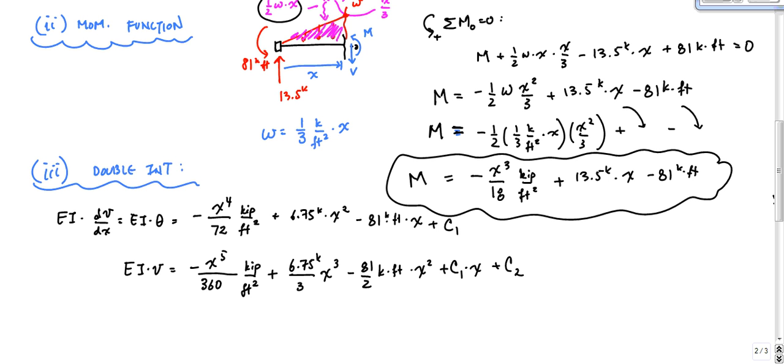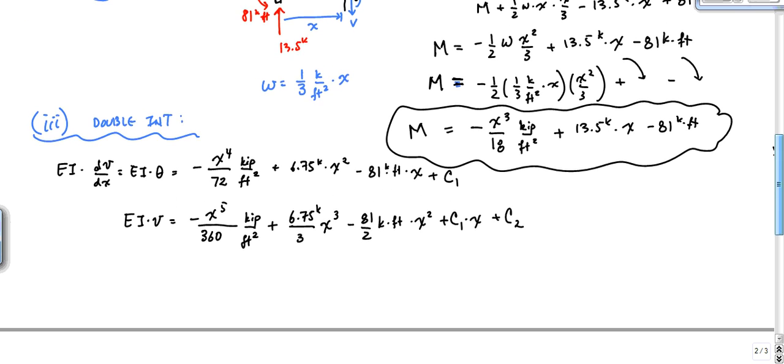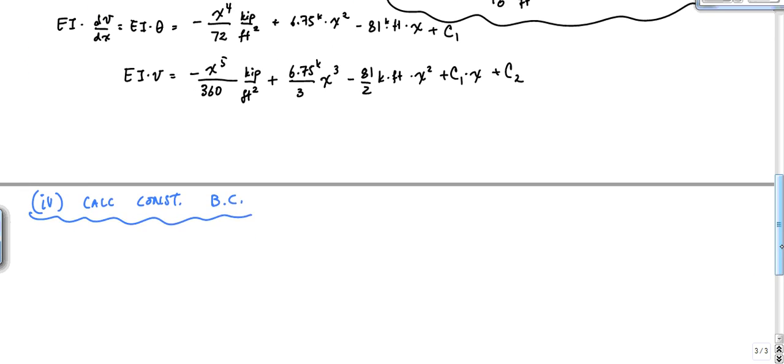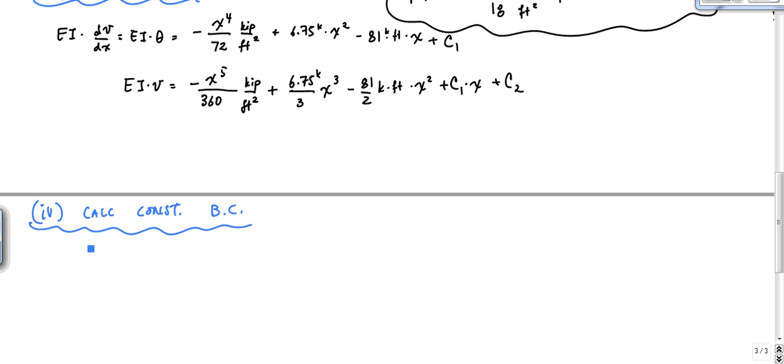That looks okay. And now I want to find these constants. Any questions so far? Nothing? All right, good. So step 4 is to calculate constants, which means we need boundary conditions, and the boundary conditions for a cantilever are very easy. v equals 0 at x equals 0, and theta equals 0 at x equals 0.